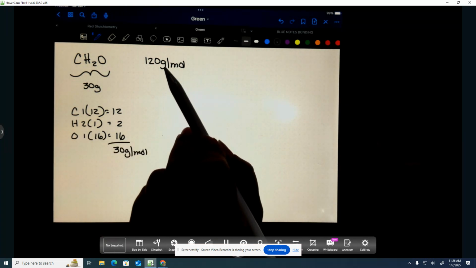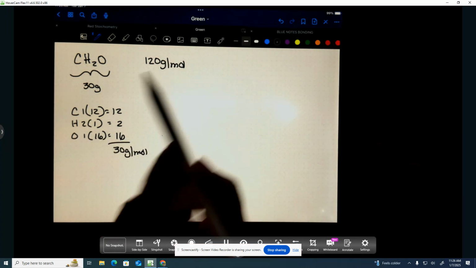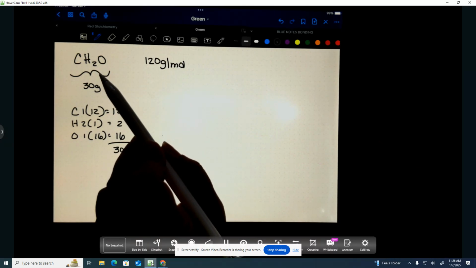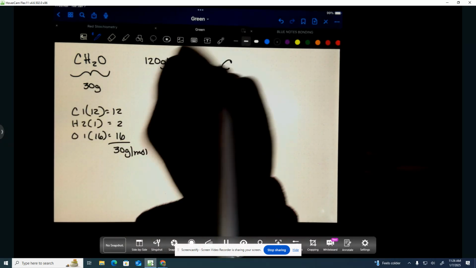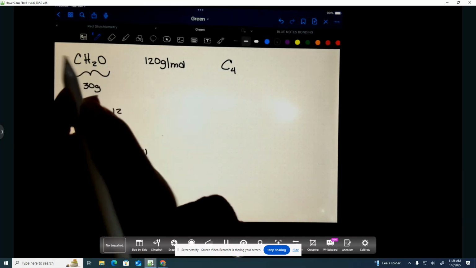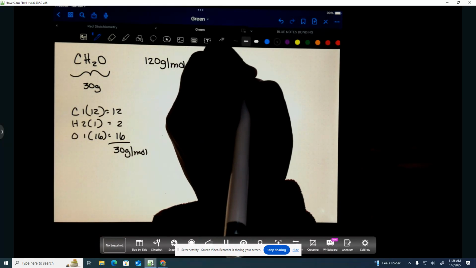We're looking for something that's 120 grams per mole, so this is going to be 4 times bigger. Instead of one carbon, you're going to have 4 carbons. Instead of 2 hydrogens, you're going to have 8 hydrogens.